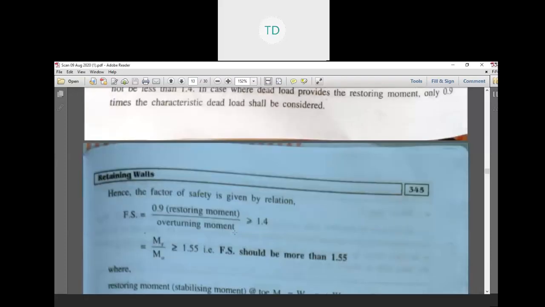Hence, the equation of factor of safety is restoring moment divided by overturning moment, which must be greater than or equal to 1.4, that is, FOS = MR / MO. MR means resisting moment and MO is overturning moment.